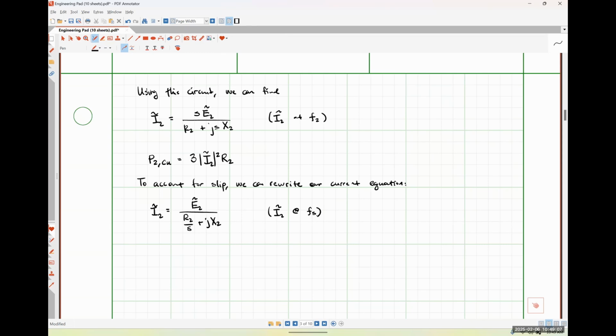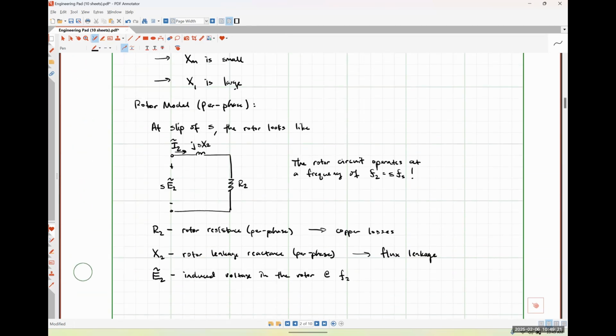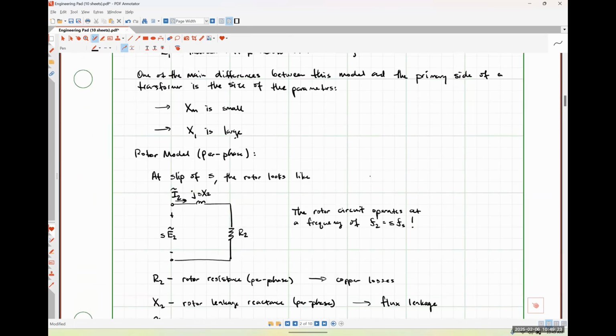Okay. So this is the bridge essentially that we're going to use to go from our rotor circuit to our stator circuit, is just dividing through by S so that now everything is operating at the same frequency, because quite simply, we know up here, F2 is just S times Fs, our stator frequency.